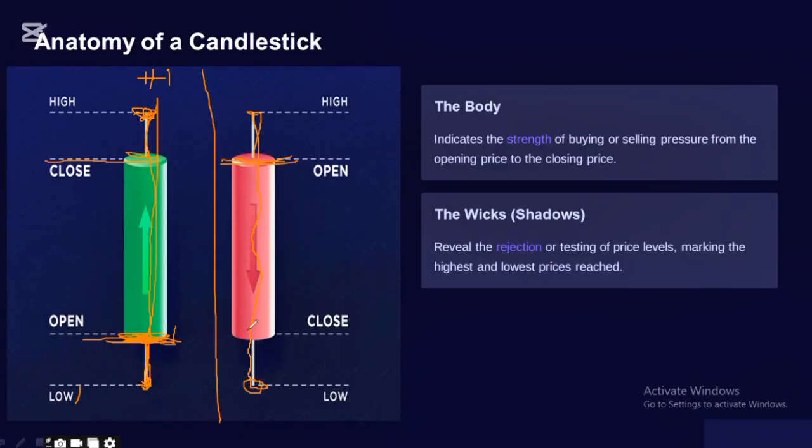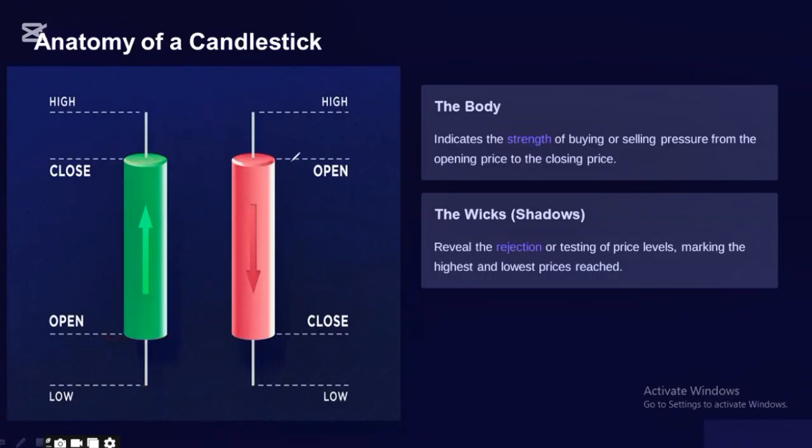This is a 1 hour time frame. Then buyers came also to push the price up to this point. Then when the 60 minutes elapsed, it closed. So that's why we see this kind of candlestick. Do you understand? With this simple analogy, you should be able to tell what actually happened in this market.